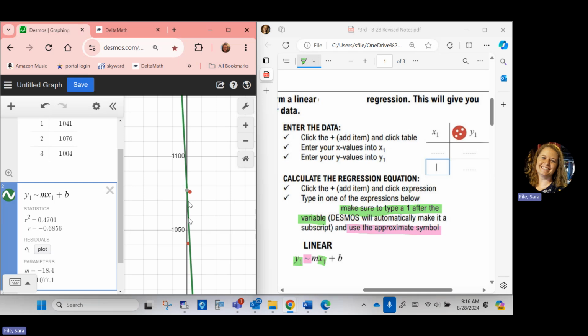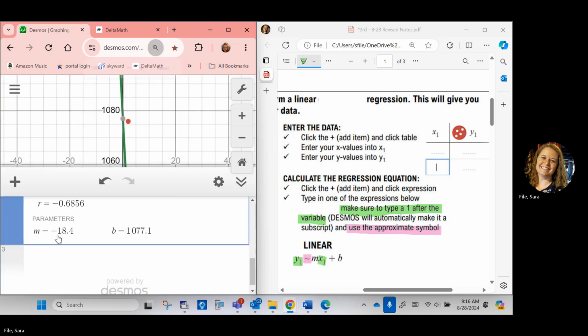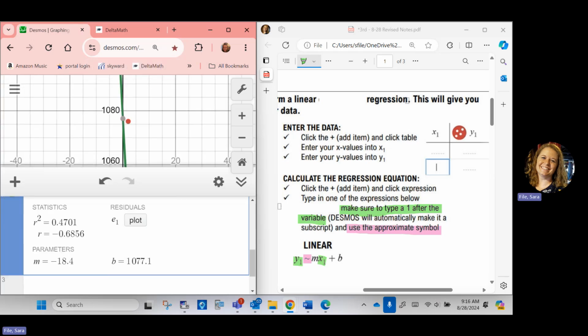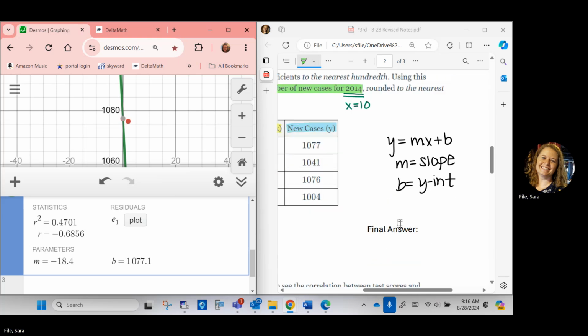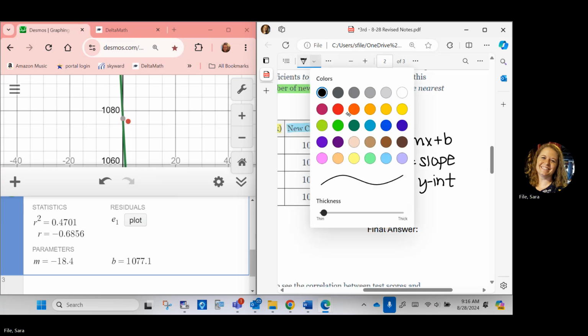Now the equation of that line of best fit, it doesn't just straight up give me the equation, but it does give me my parameters, which is m, the slope, and b, the y-intercept. So now I can write my equation using that m and b value. They gave us m and b here. So I'm going to come back to this example and write what we came up with.